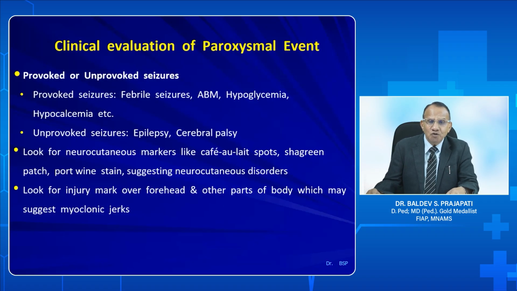Even look for neurocutaneous markers like café-au-lait spot, shagreen patch, port wine stain, and these will suggest neurocutaneous disorders. Look for injury marks over the forehead and even other parts of the body, which may indicate myoclonic jerks. And then your approach will be quite different.